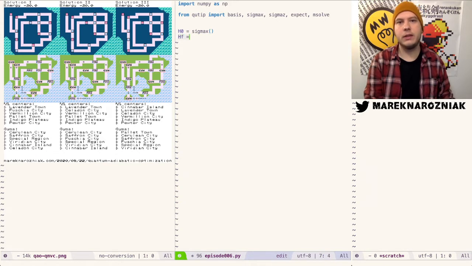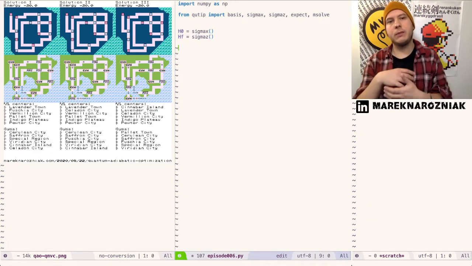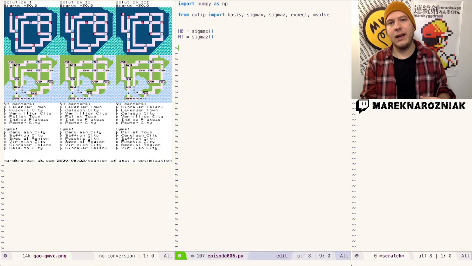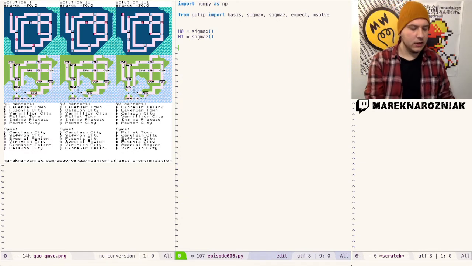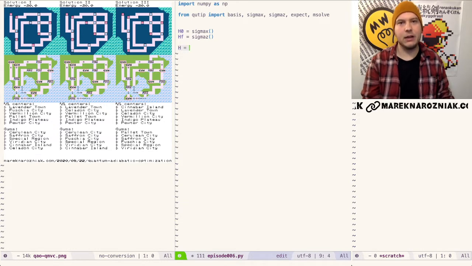going to be sigma z. And then there will be a Hamiltonian between them, parametrized by time, that gradually turns from sigma x into sigma z. So let's just define it. This is the Hamiltonian at any time, and it has two time-dependent terms.